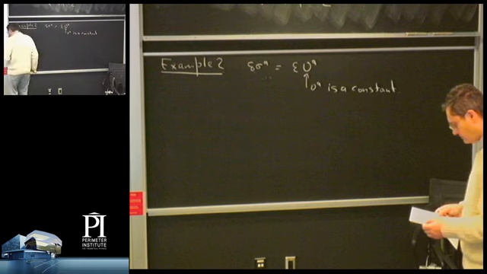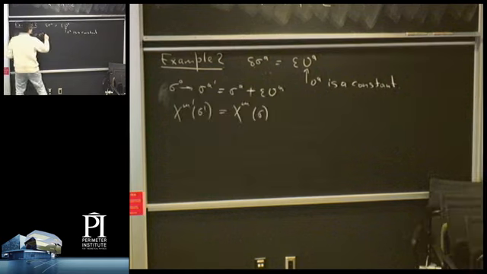Let's move on. First of all, is it clear that that's a symmetry? Okay, because x is a scalar, and this doesn't change the measure of integration. So let me say that sigma a goes to sigma a prime, which is sigma a plus epsilon b of a.